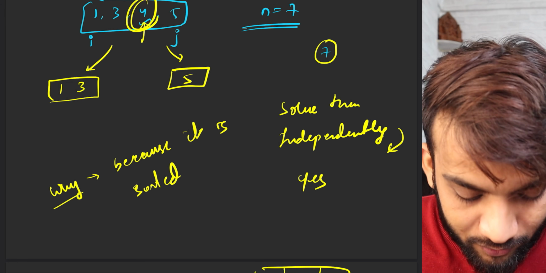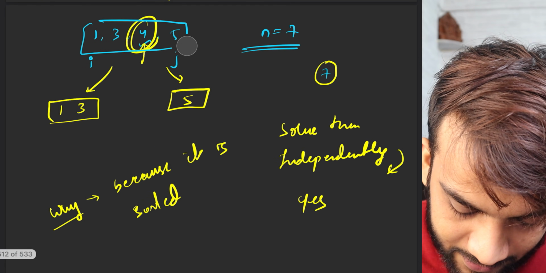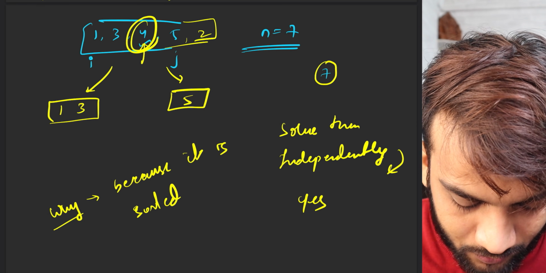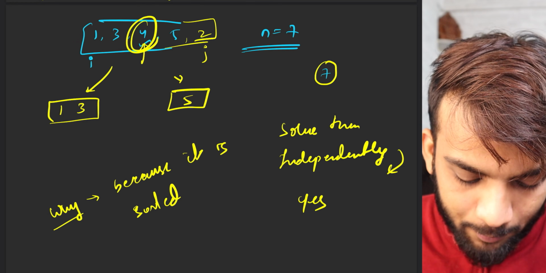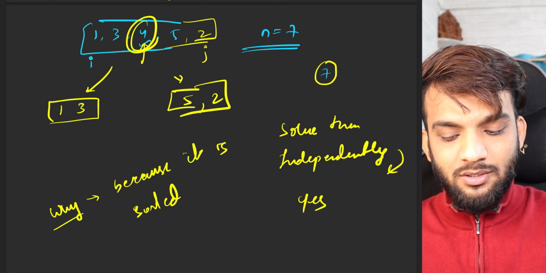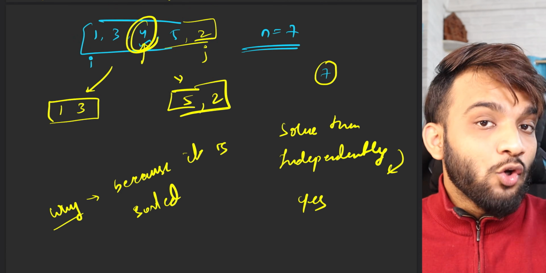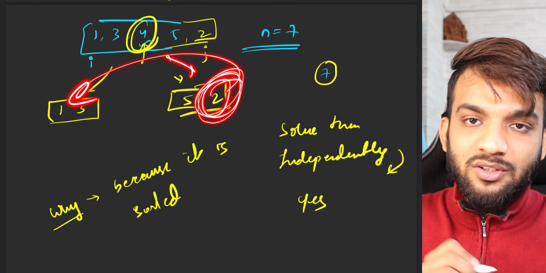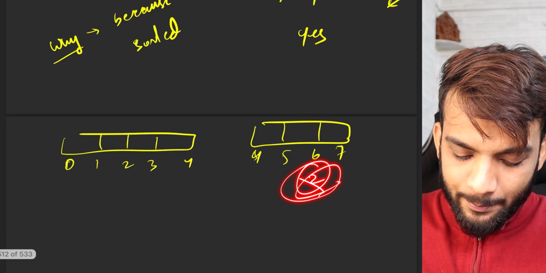But if I change this test case and imagine the right sub problem had been 5 comma 2, with this as the right sub problem and this as the left sub problem, now you cannot solve them independently, because the 2 on the right will fall over here.